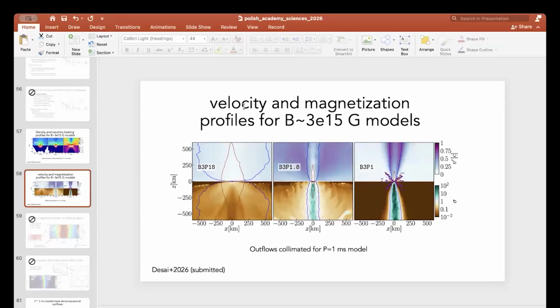He graduated in 2023 from Columbia University, doing research on neutrino-driven winds from magnetized proto-neutron stars. Prior to that, he visited the Perimeter Institute and Los Alamos National Lab, and he graduated from the University of California. So please go ahead with your talk about neutrino-driven winds.